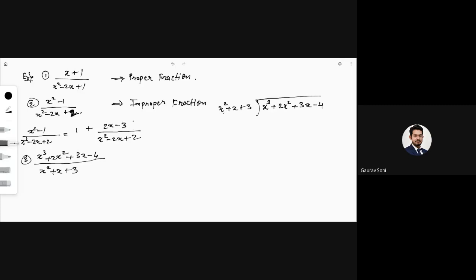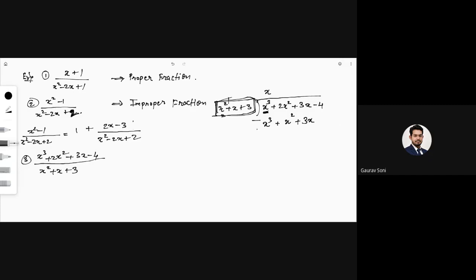Okay. So I have to think of some term which will become this. So if I want to make an x cube using this first term, what should I multiply by? X. So that will become x cube. So this x is to be multiplied to this whole divisor. When you multiply to this whole term, what will we have? x cube plus x square plus 3x, right?